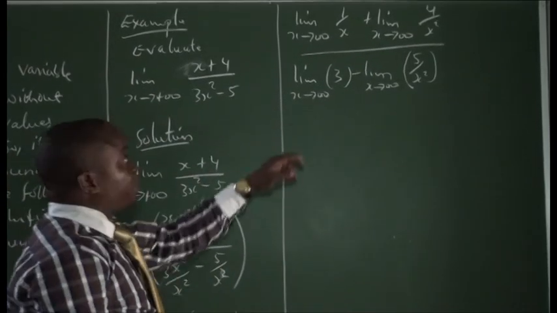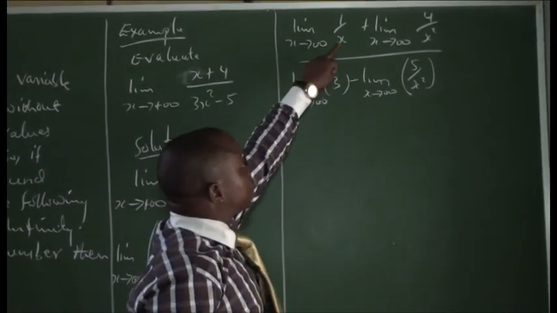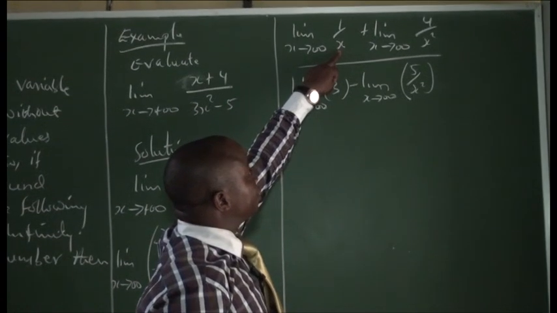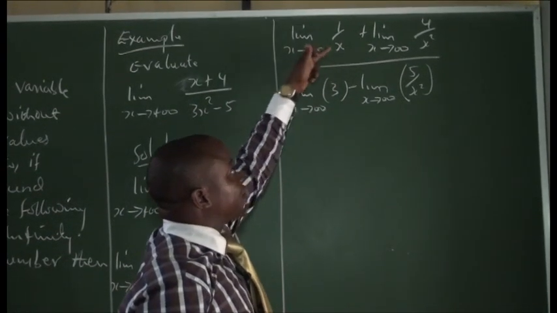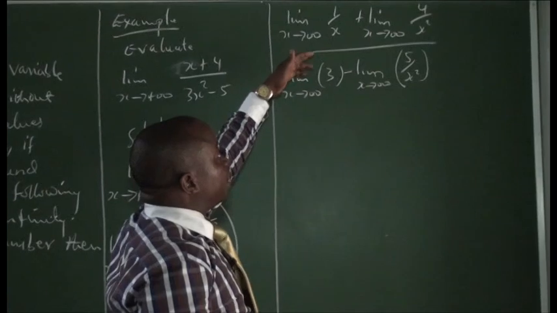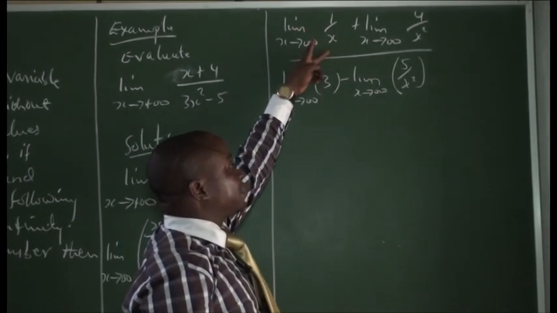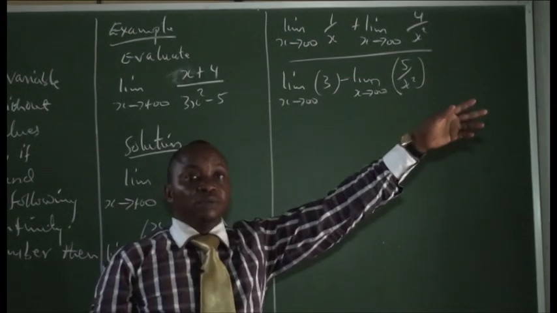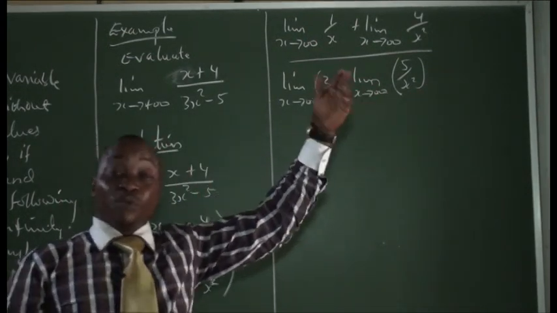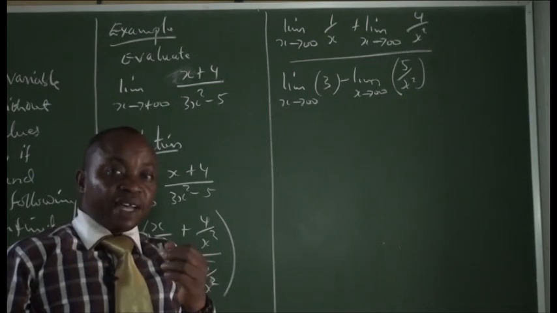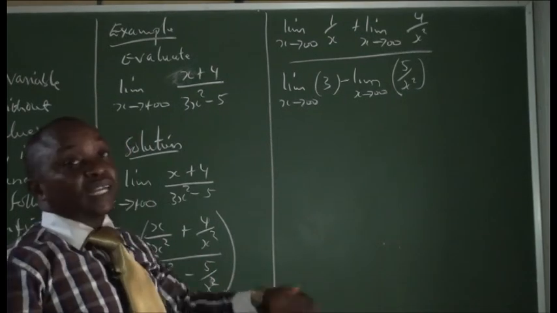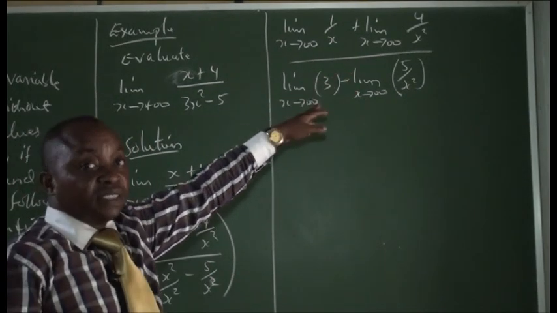So, at this point, since x is approaching infinity, look, like we have 1 over x. When x gets to, say, 10, you have 1 divided by 10. When x gets to 1,000, you have 1 divided by 1,000. Of course, it will be very small. When x gets to 1 million, it's 1 divided by 1 million.